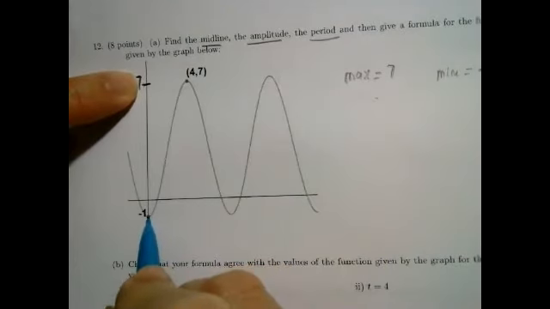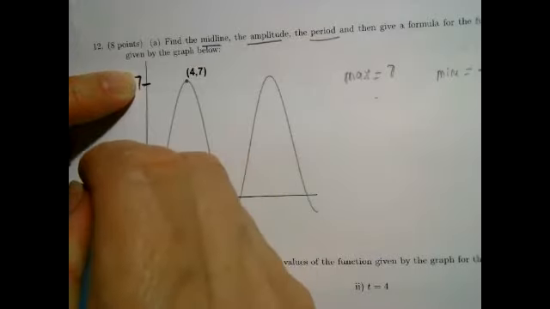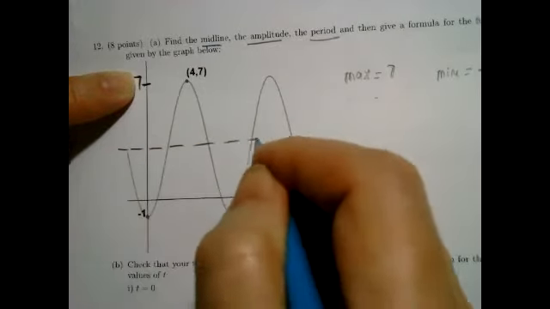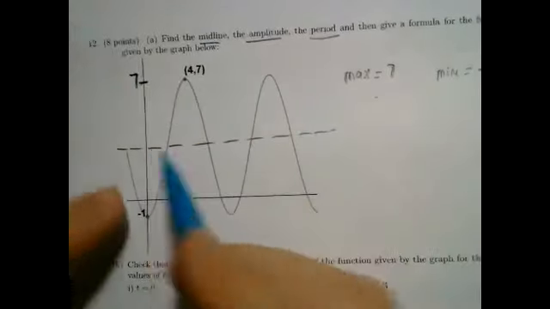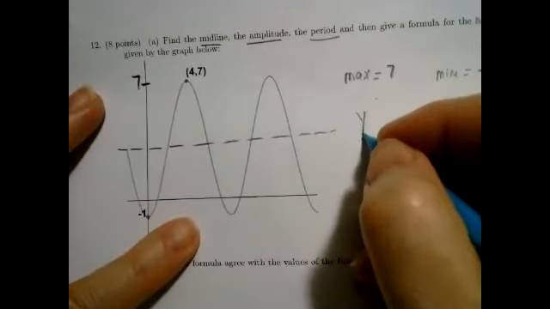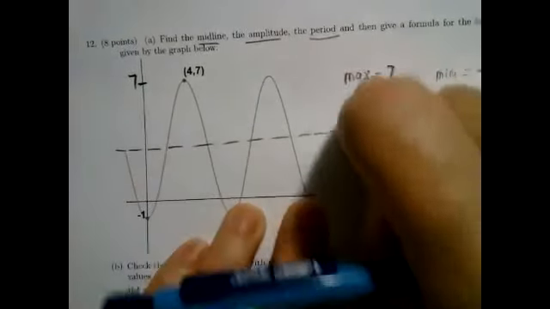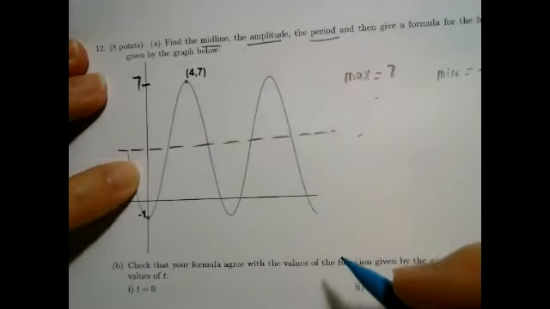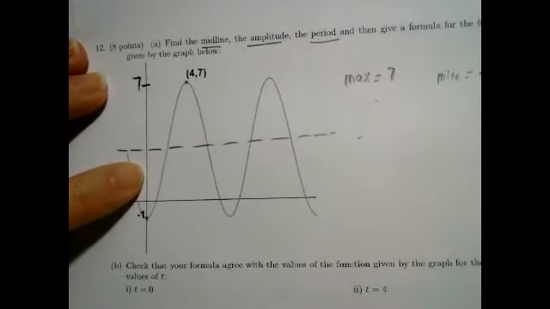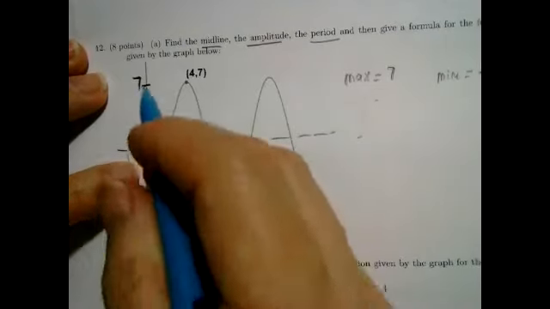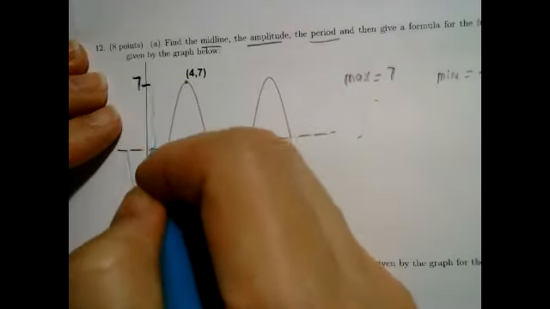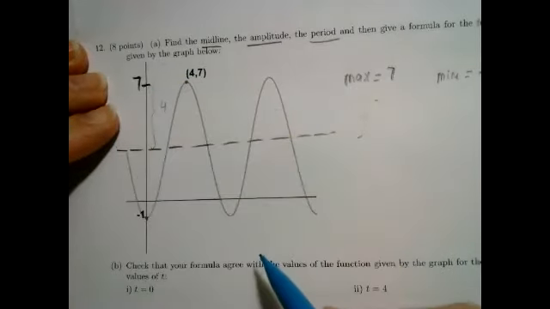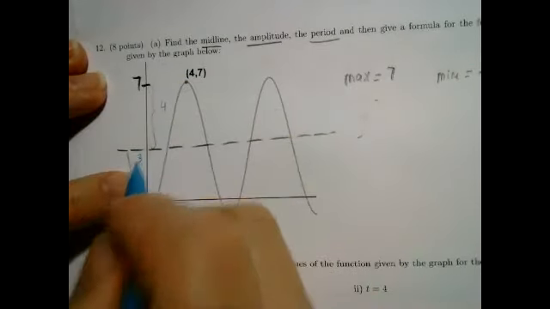Okay, so the midline is the one halfway between here and here. From here to here, I have 8. So this is going to be somewhere along this line. Okay, so let us find the midline. What's this line should be? Can you guys just look at it and figure it out? From here to here, 8, it means this is 4 from here to here, so this should be a 3.